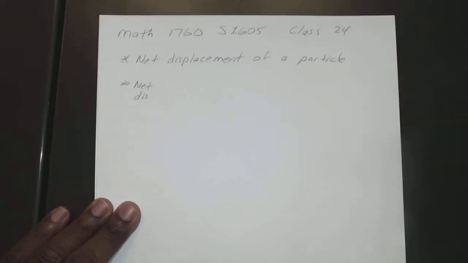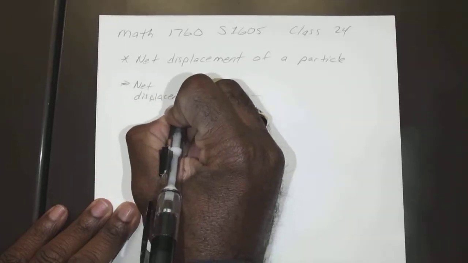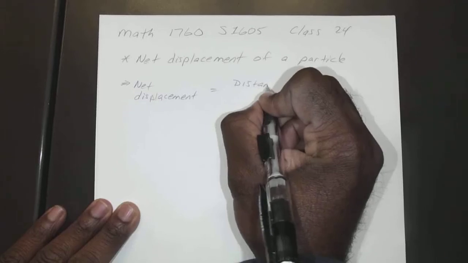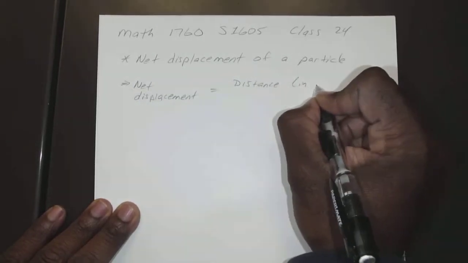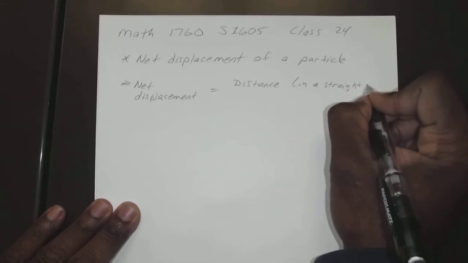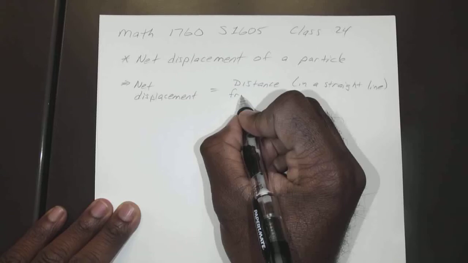Even though distance and displacement are different things, displacement is just the distance in a straight line from where the particle started to where it stopped.